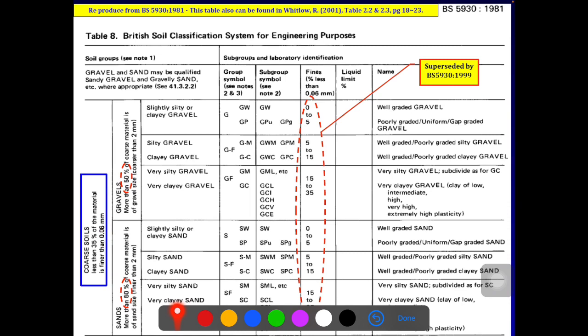If less than 35% is passing 0.06 mm, consider it coarse soil.